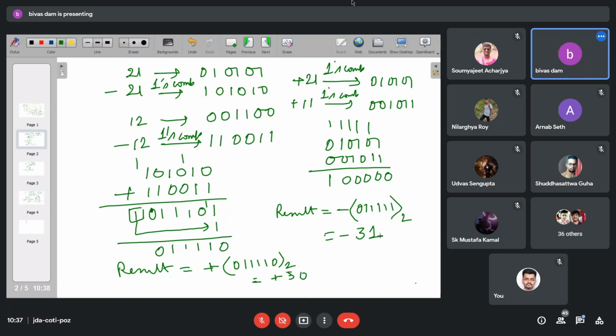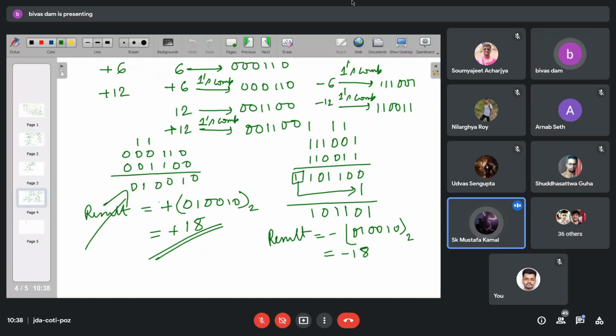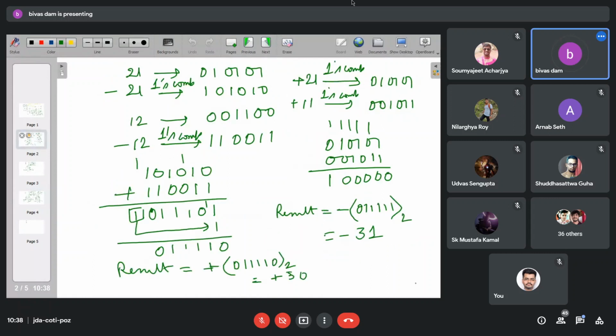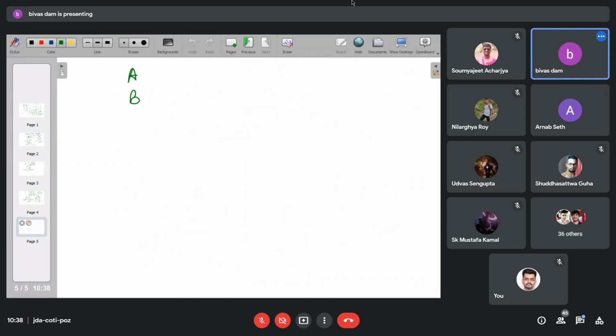But here my process fails. By adding two negative numbers, I am getting a positive number, and by adding two positive numbers, I am getting a negative number. So the range of the result is beyond the representation.